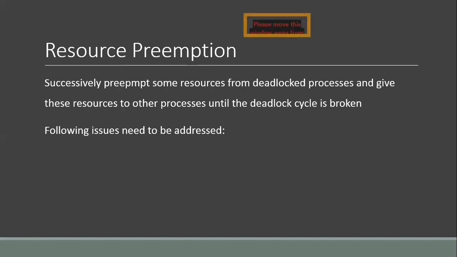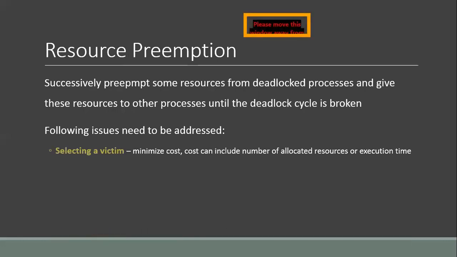In the resource preemption approach, the following issues need to be addressed. The first issue is selecting a victim, that is, which process will be the victim, from which process we will preempt the resources. Again, our objective should be to minimize the cost.